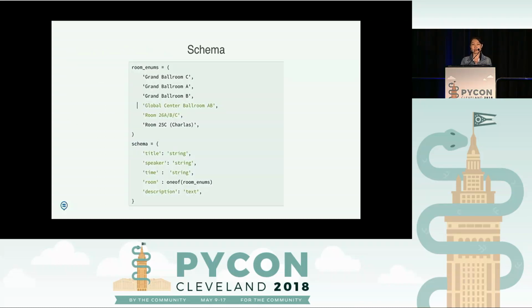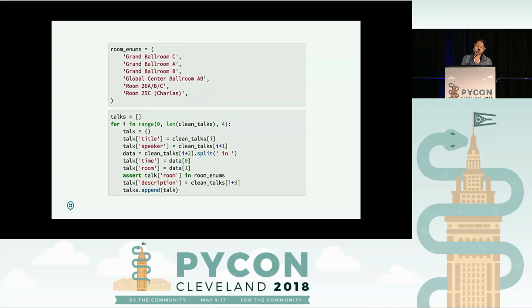Going back to my earlier example of pulling talks from the PyCon talk website, I had an implicit schema where I assumed that there would be a title, a speaker, a time slot, a room, and a description for every talk.